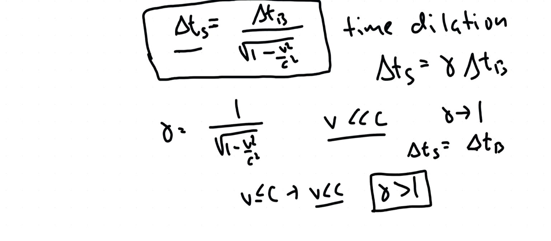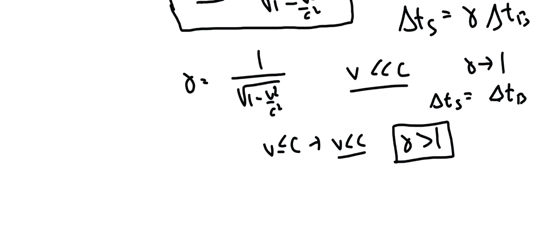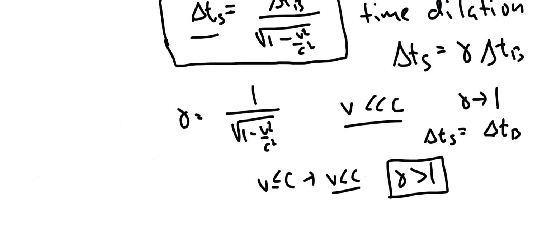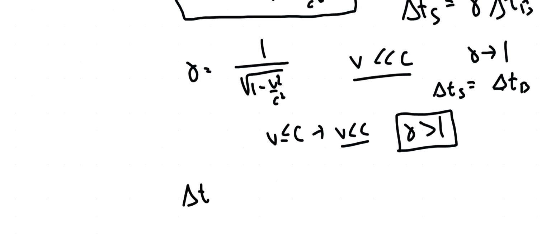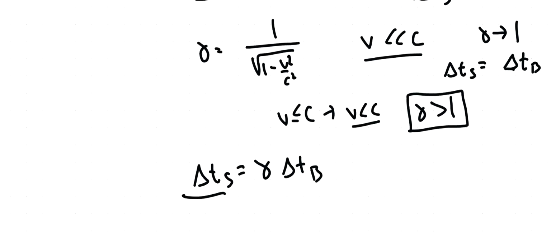What this means is that if we are in the reference frame of the bus, then that's the minimum time, because gamma for any finite v is always greater than 1. So delta ts is equal to gamma delta tb, but the faster the velocity is, the bigger, the longer, this delta ts will become.